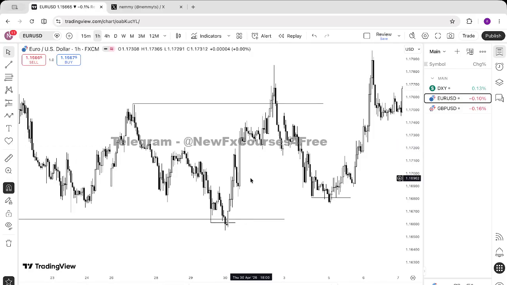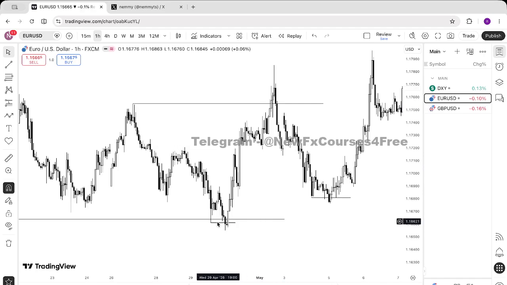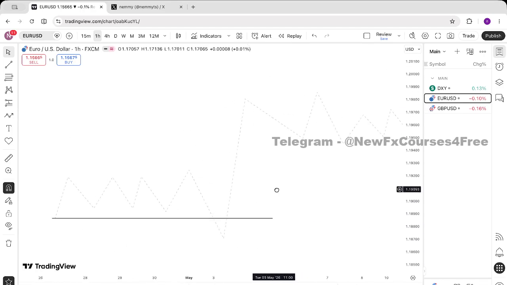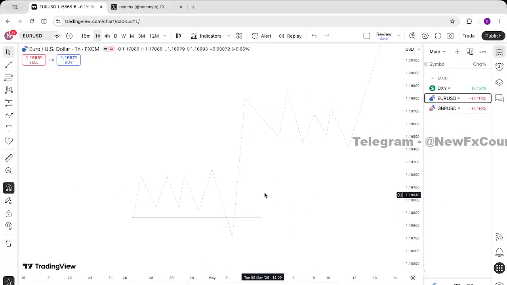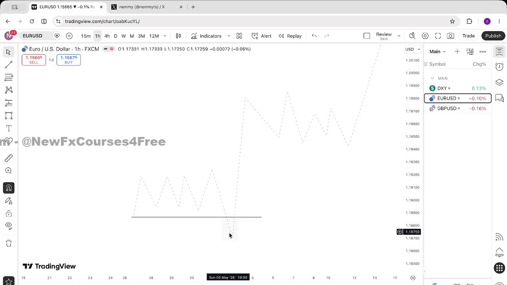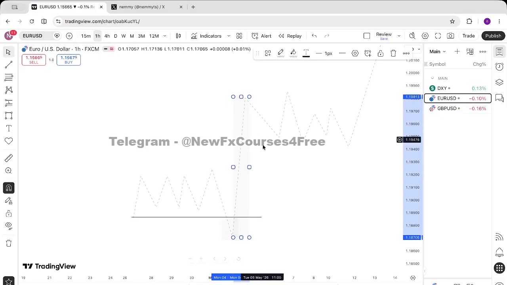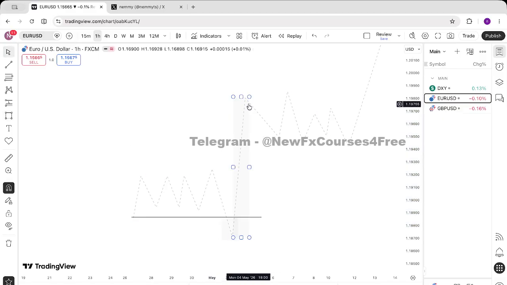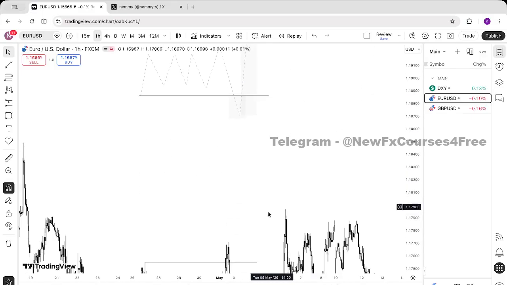But that doesn't mean you always have to trade this, because if we go back to this up here, in the manipulation phase of price, you always want to seek these higher time frame levels. In the expansionary phase of price, you can start seeking lower time frame levels. And I'll show you why.